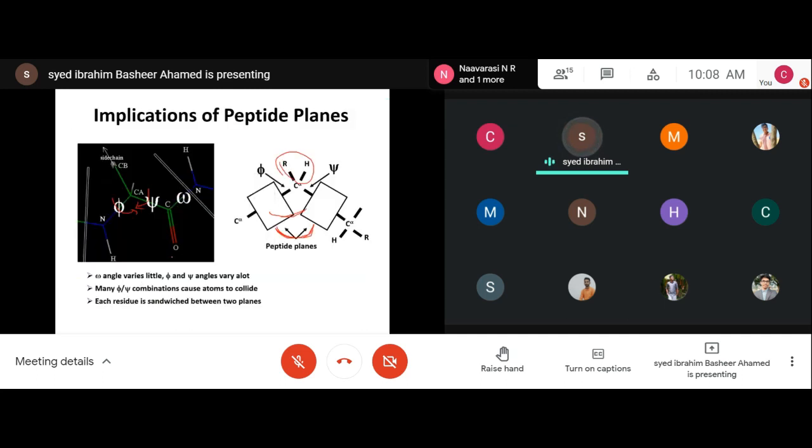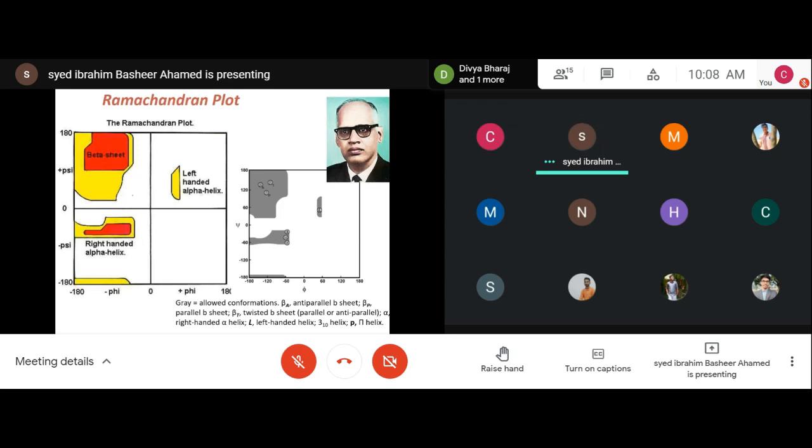Different combinations of phi and psi make different three-dimensional structures. In this plot you could have any phi angle and any psi angle, but only the allowed region is shown shaded here in yellow and in red.